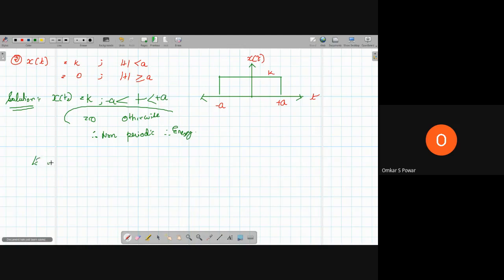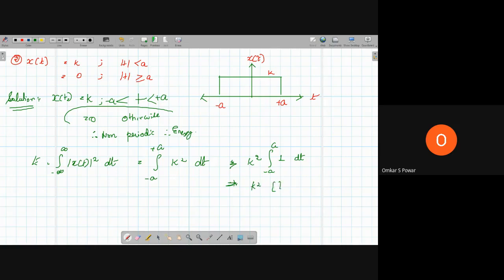E is equal to integral of minus infinity to infinity mod x of t the whole square dt. Now integral minus a to plus a k square dt. If you solve this one, k square I will bring outside. Integral of minus a to a 1 dt, which is equal to k square.